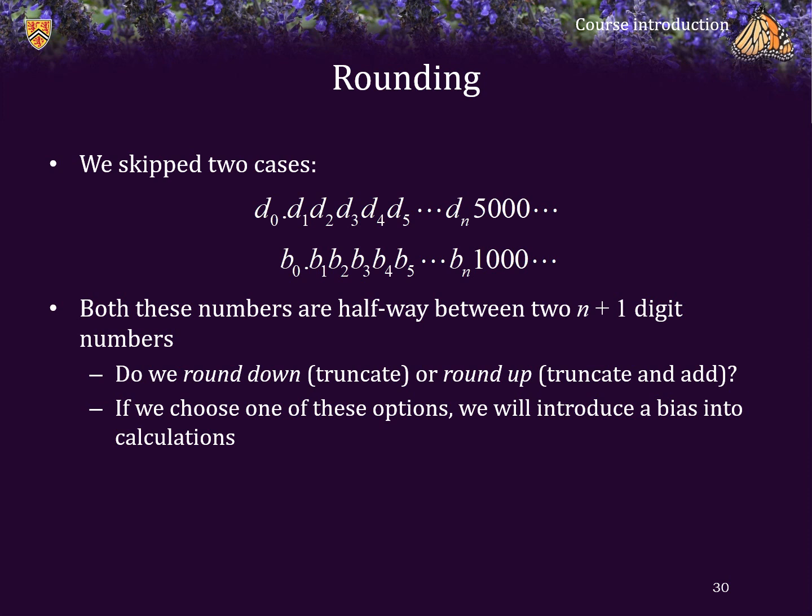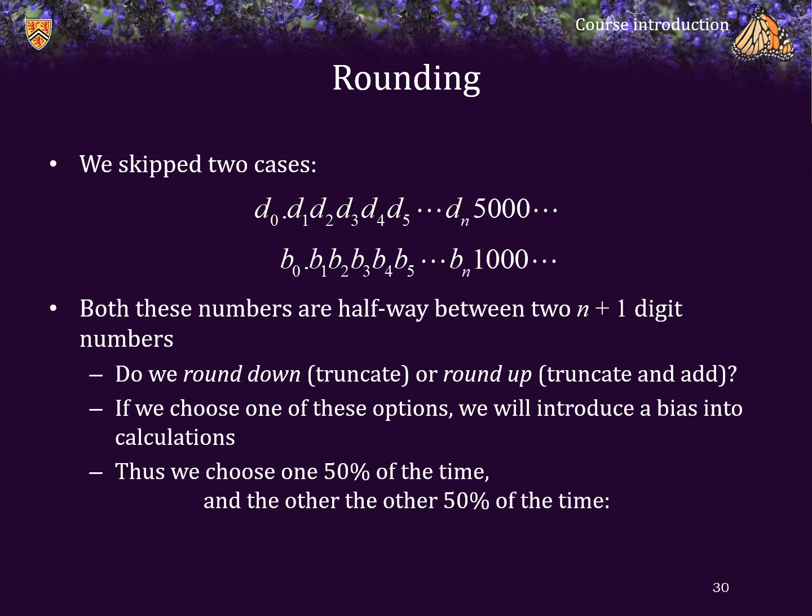If we round up, then our results will be biased to a larger value. Instead, what we're going to do is we will choose one 50% of the time and the other 50% of the time. So the rules are as follows.